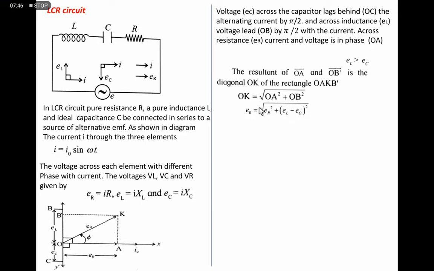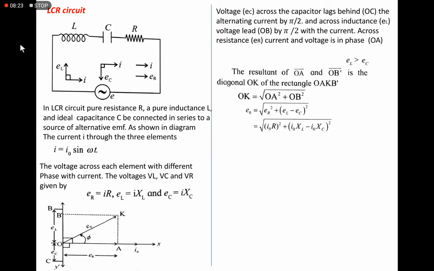Now using the values of ER, EL and EC from here, we'll get E naught equal to the square root of (I naught R) whole square plus (I naught XL minus I naught XC) whole square. What is ER? ER is the EMF across the resistance, EL is the EMF across inductance, and EC is the EMF across the capacitance.